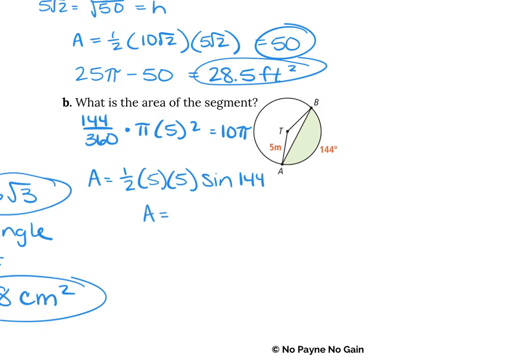Okay, that's going to give me an area of 7.347. So now I can subtract those, my 10 pi, subtract my 7.347. That's going to get me 24.1 meters squared.